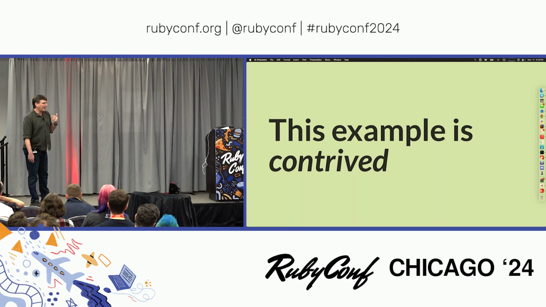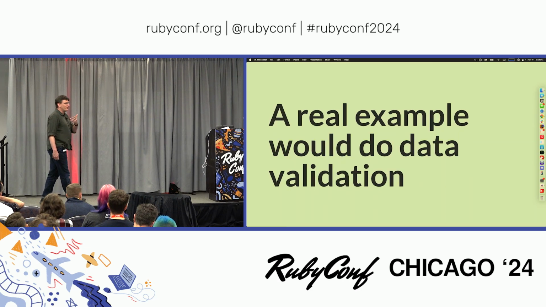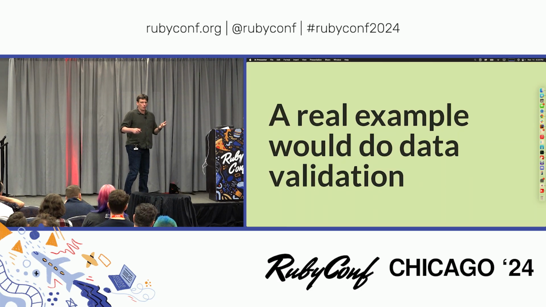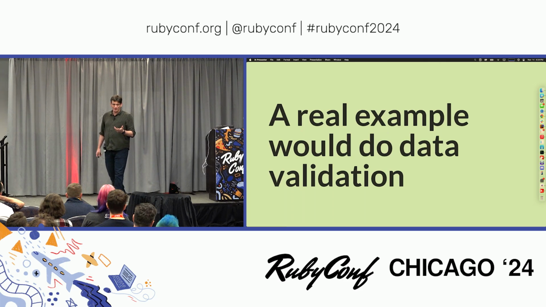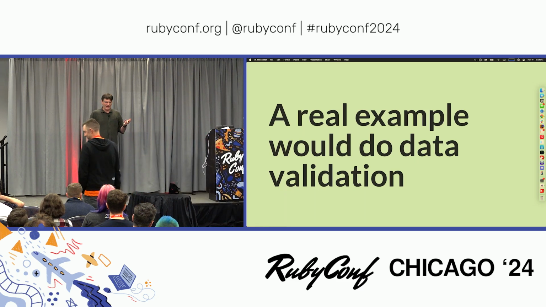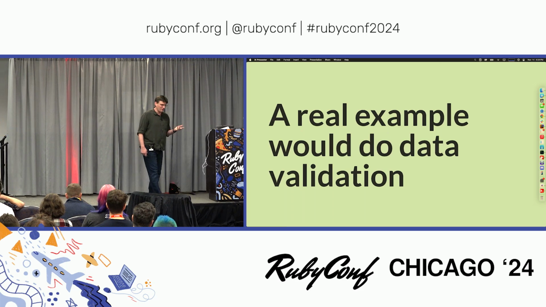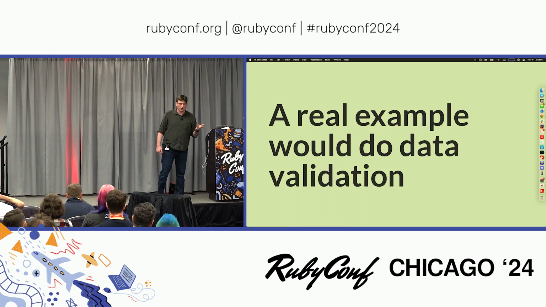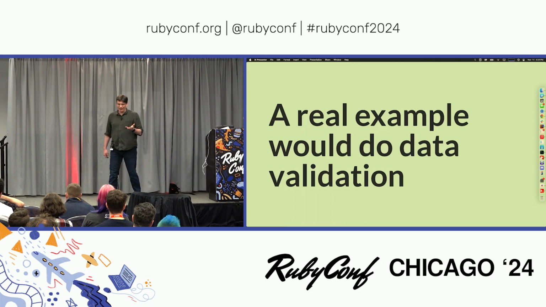So in a real example, you would be doing data validation. What are some of the things in this problem that might cause this to fail that we're not going to catch purely by type checking, right? Whether it's the right person, whether the person exists in the database, whether the address is actually a valid shipping address, whether the zip code is actually 5 numbers that correspond to a real address, whether those line items actually have positive numbers of things to ship.